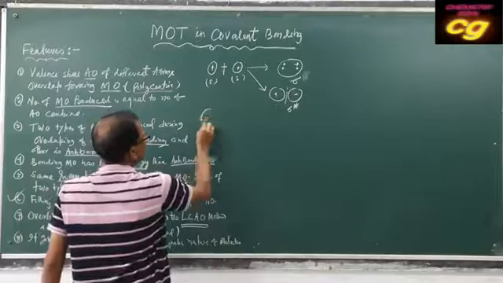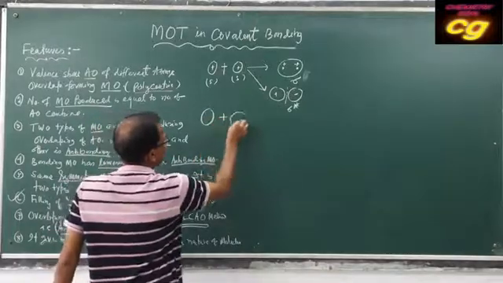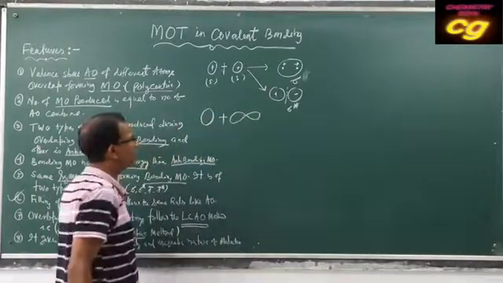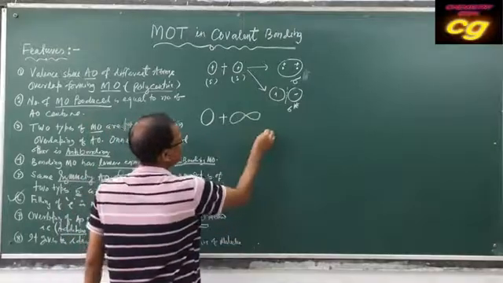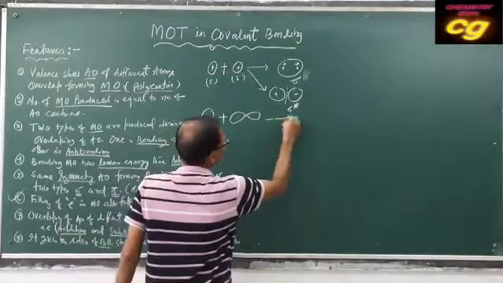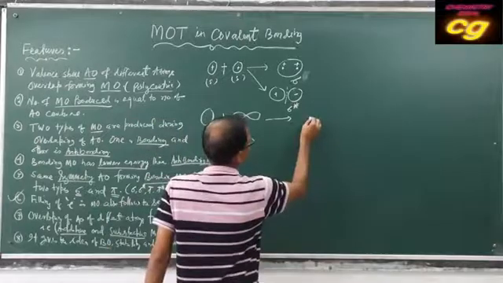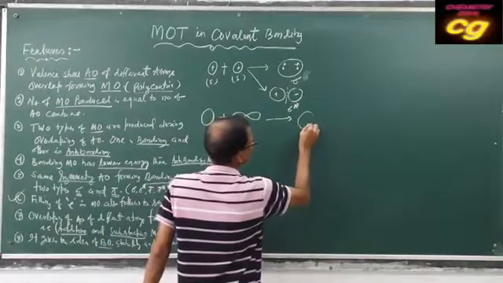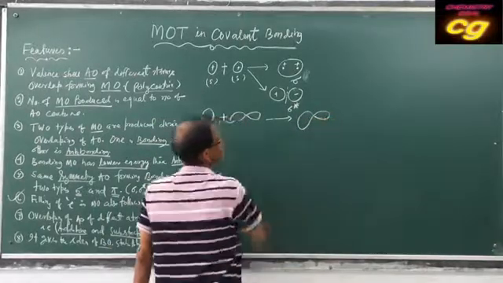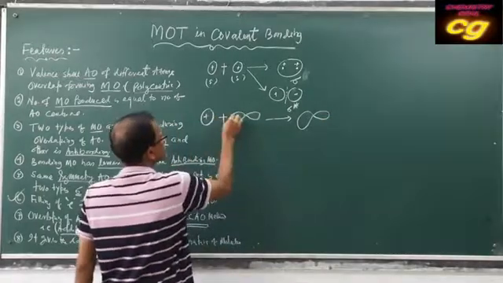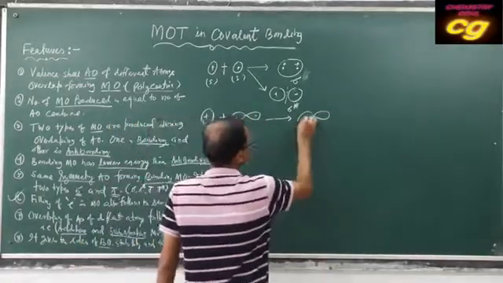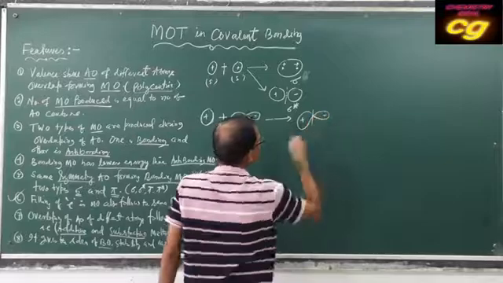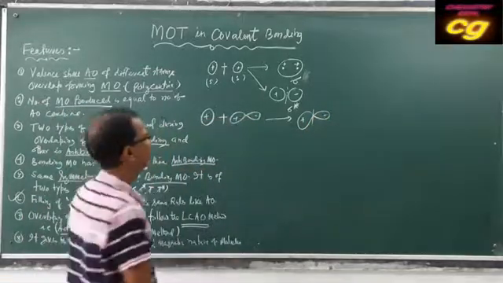Similarly, when you take s overlapping with p, suppose this is plus and this is minus, and this is your molecular orbital.